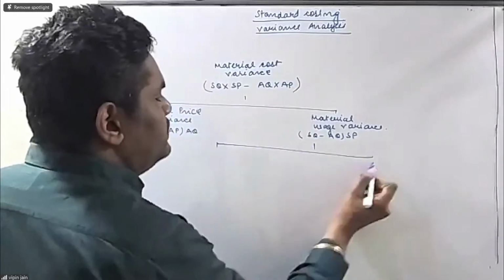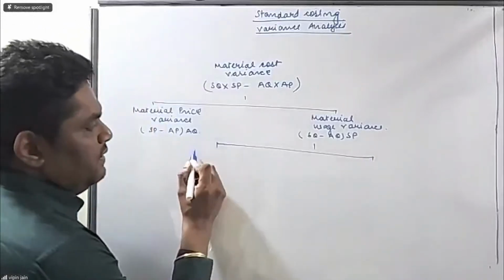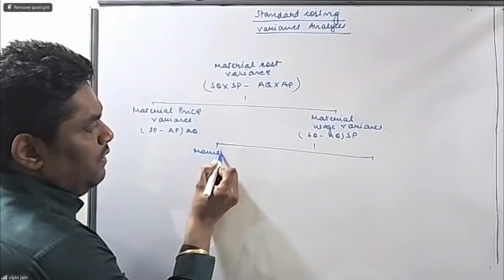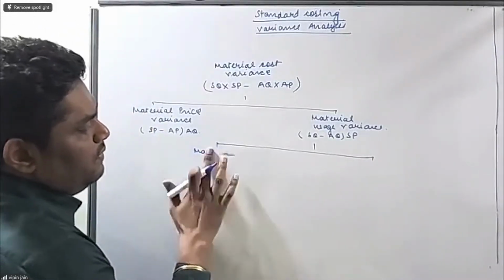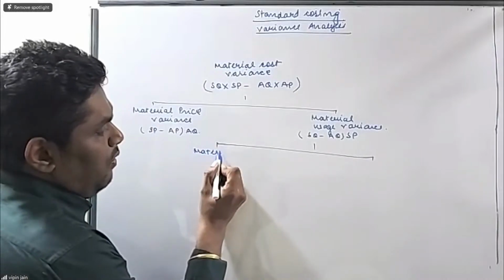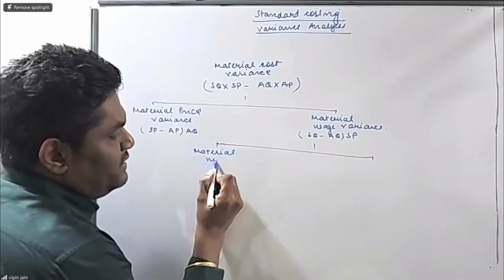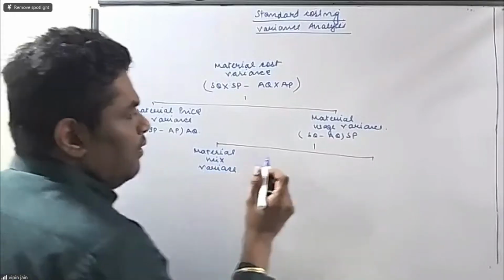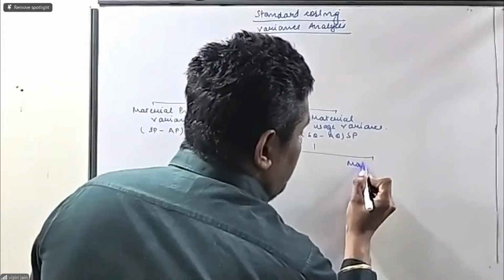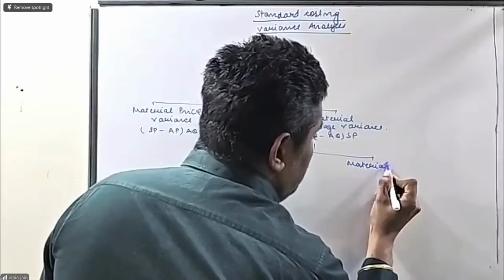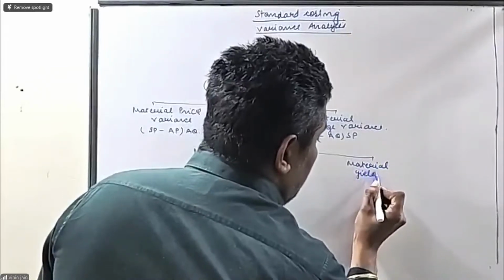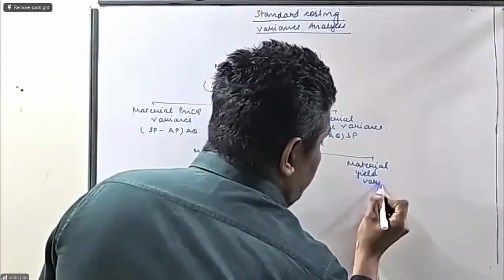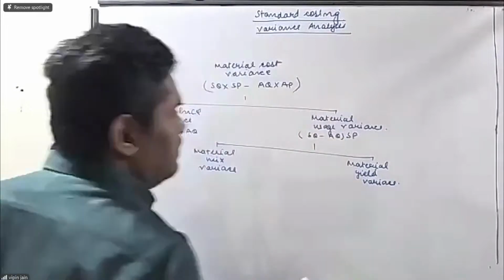Again, two parts of usage variance, that is material mix variance and material yield variance.